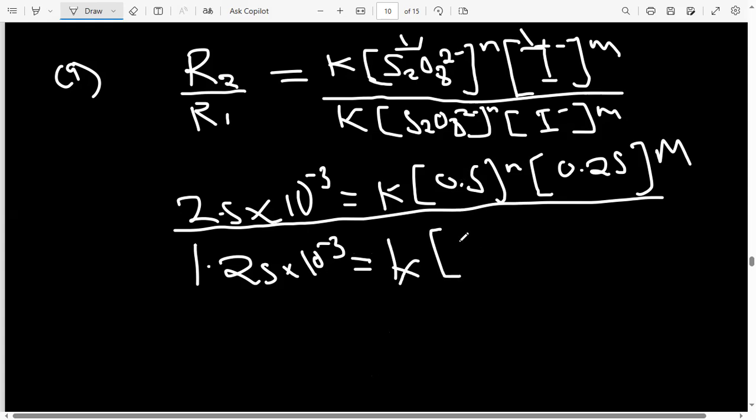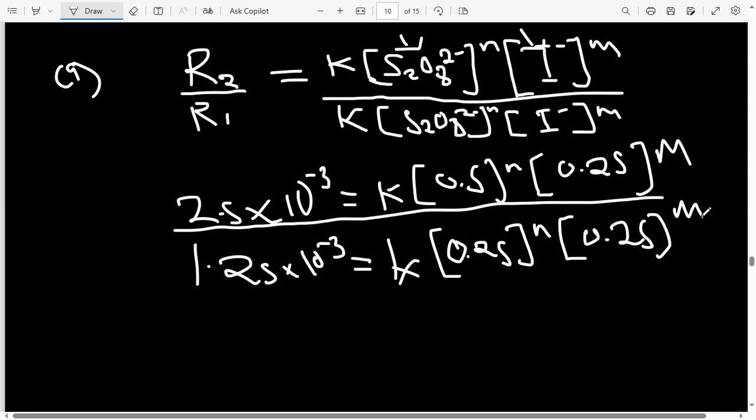The concentration of this first ion on the first reaction is 0.25 to the power n, and here it's still 0.25 to the power m.